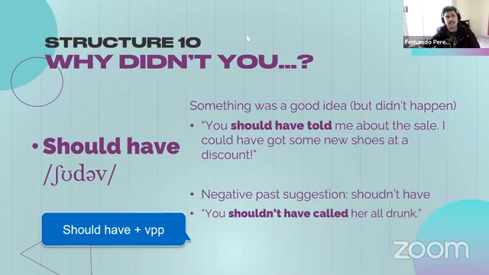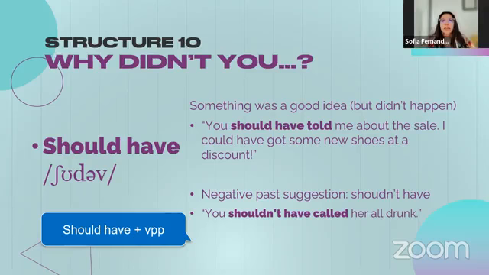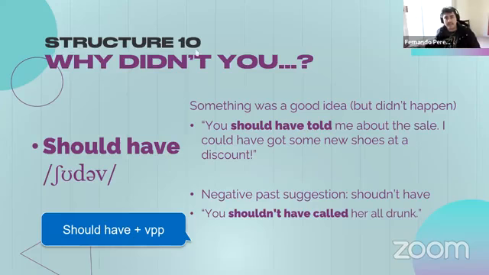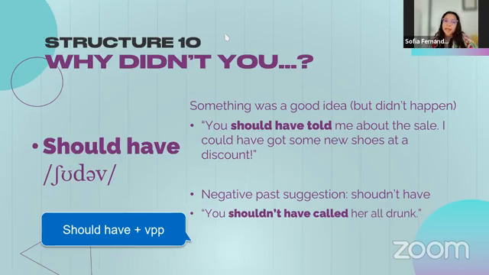The rest have negatives. In the case of may, it is may not have. You may not have done that. May not have. Like that, yeah. And it's the same with might. Might not. Same thing. Precisely.